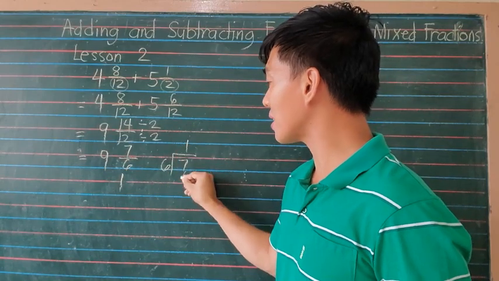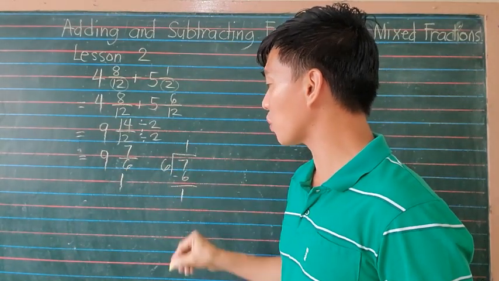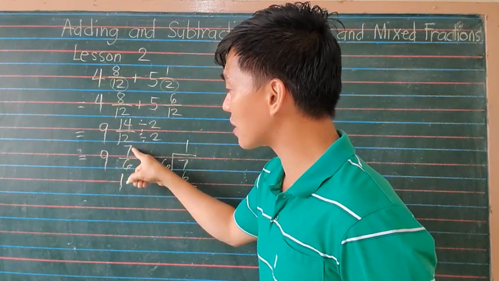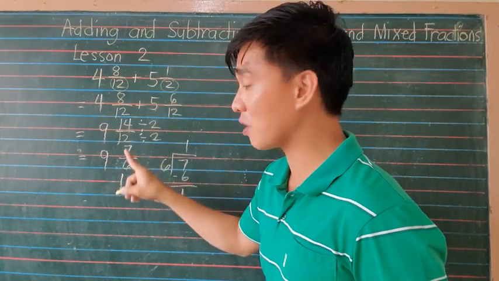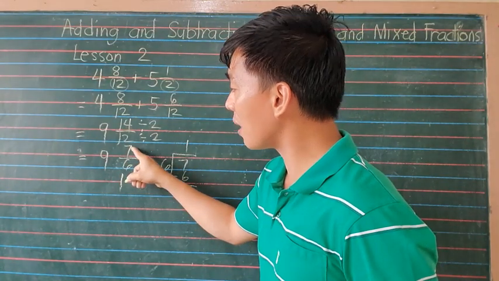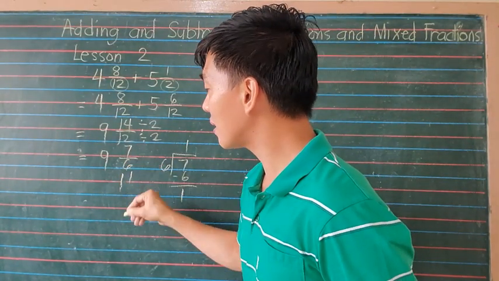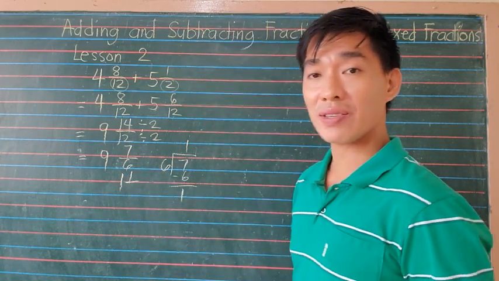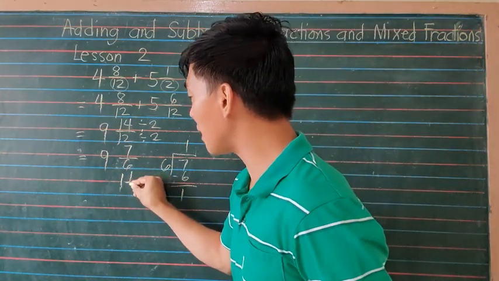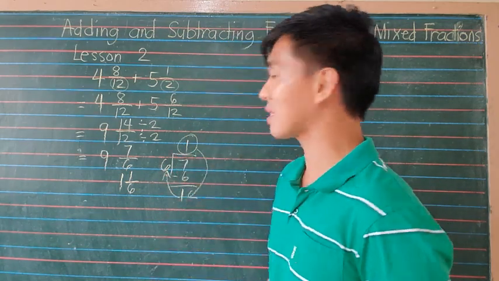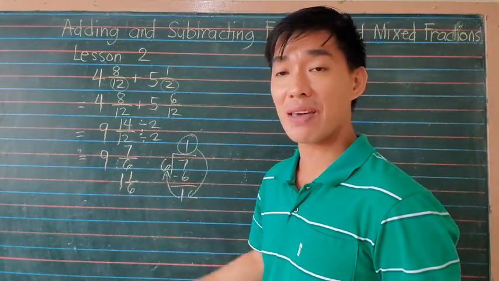Now, 1 times 6 is 6. Subtract, that is equal to 1. The remainder 1 will be our numerator. And of course, you have to copy the denominator 6. So that is 1 and 1/6 is the value of 7/6.